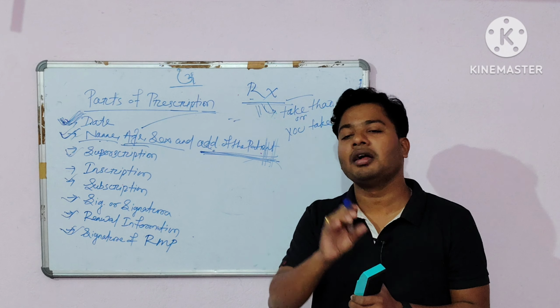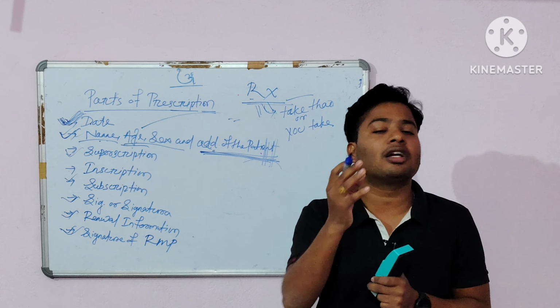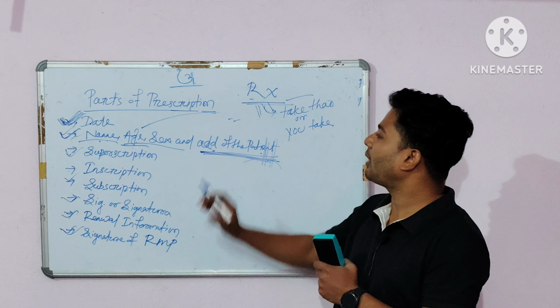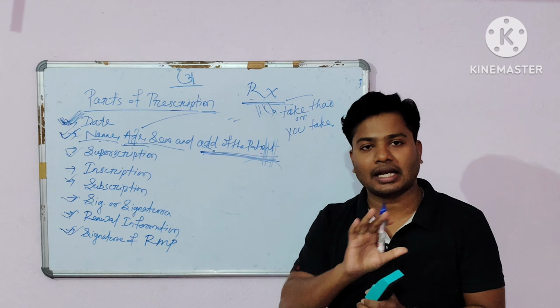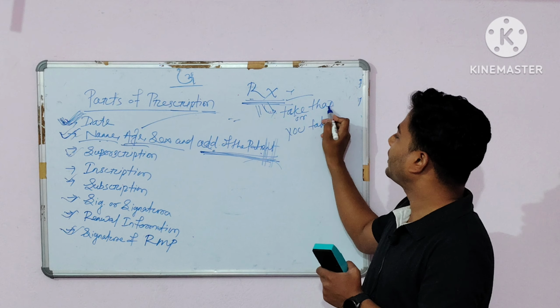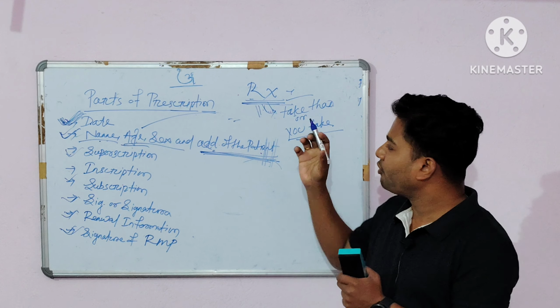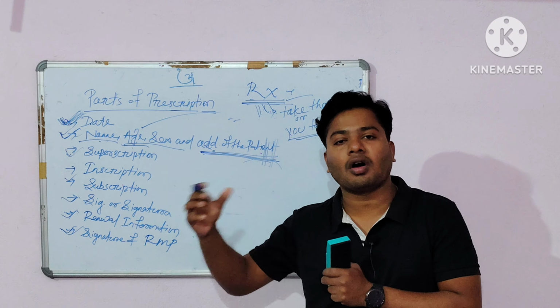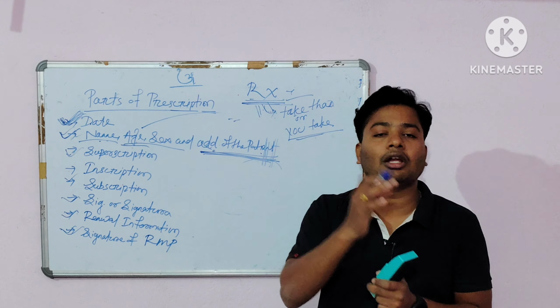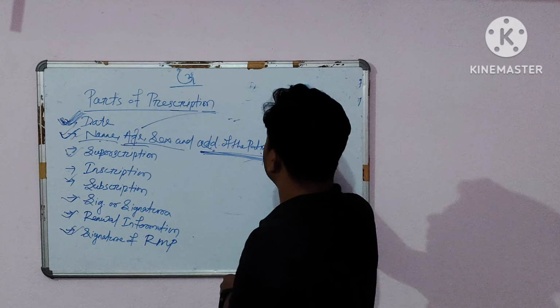So in that place the physician prays to God that the patient recovers quickly. So that is the particular meaning of the Rx. Clear? Simply you can say the Rx is the Latin word that means take thou or you take, and the particular meaning is that the physician prays to Jupiter or the God of healing for quick recovery of the patients. Clear?